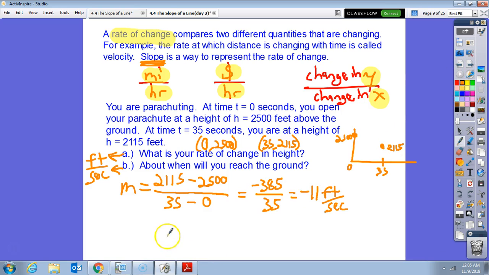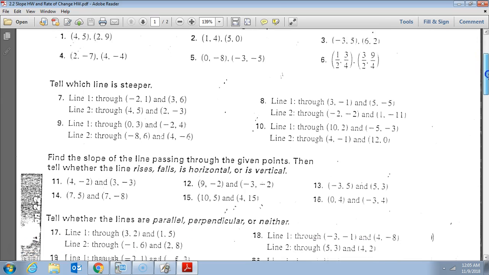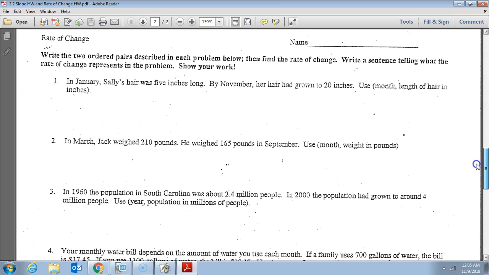So, your work in class today will involve you finding the slope by the rate of change. You'll have this worksheet to go through, and I've even given you some little hints of how to set up your points right underneath the problem.